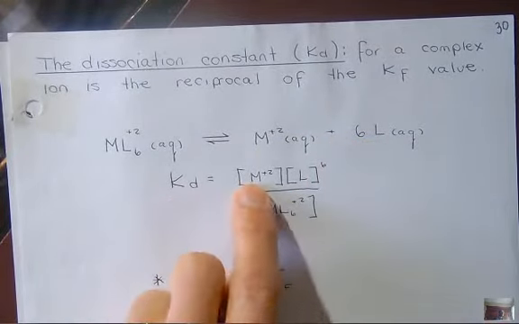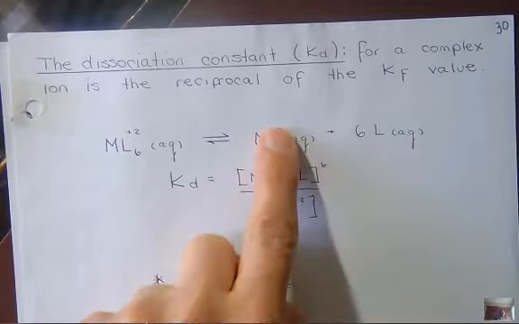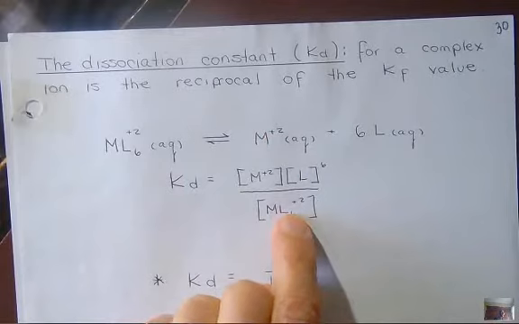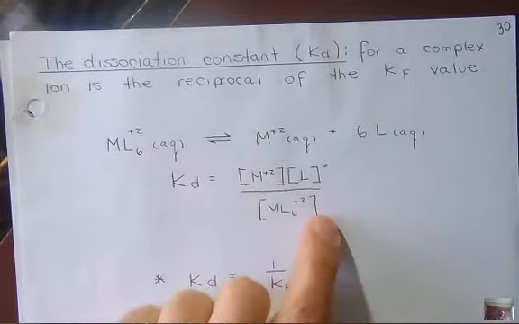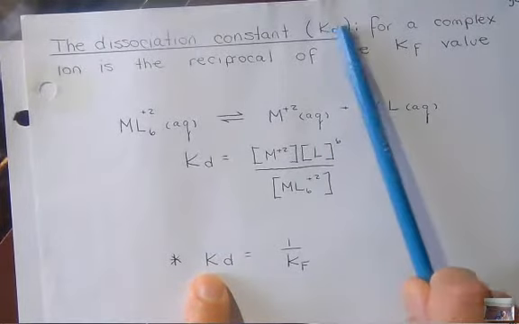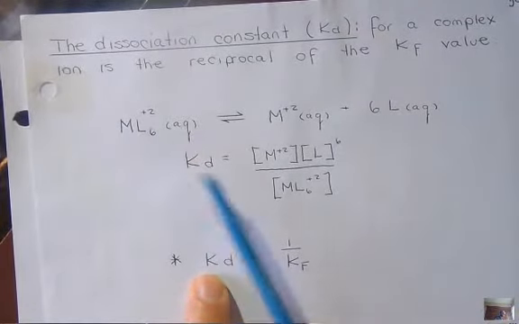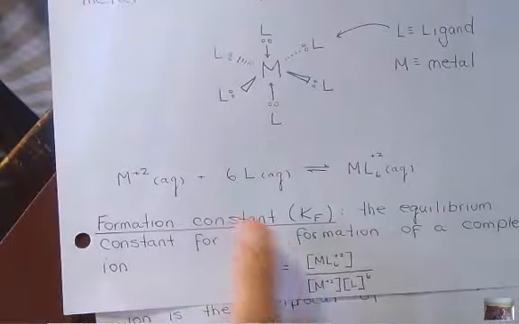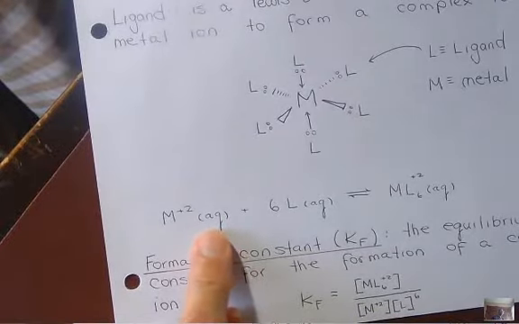Kd then is going to be this times this to the 6th divided by the complex in the denominator. So it's pretty easy to see that the dissociation constant, Kd, for a complex ion is just 1 over the formation constant. Here's the formation reaction.